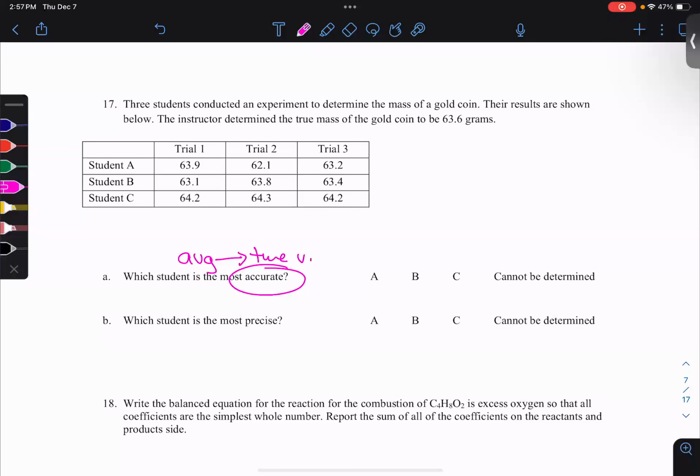True value, yes. But when we measure precision, what are we looking at? We're just looking at the range of the data for each of those people. We're seeing how close your data sits next to one another. So I'll calculate the average and look at the range of the data for the 3 trials for these three students.